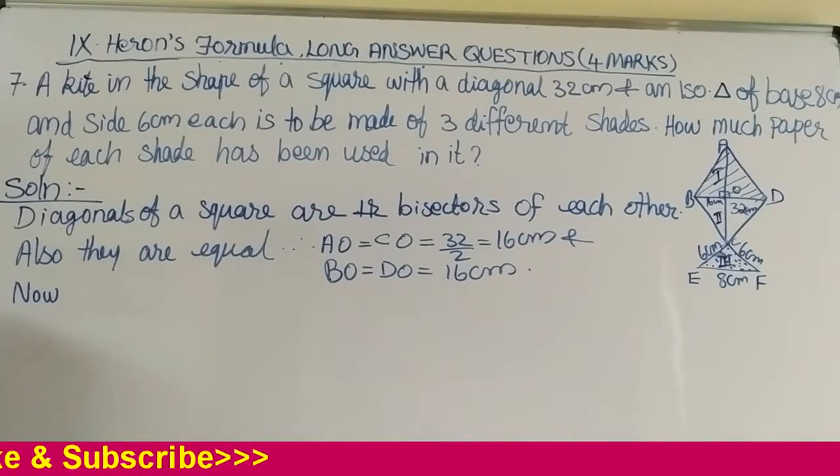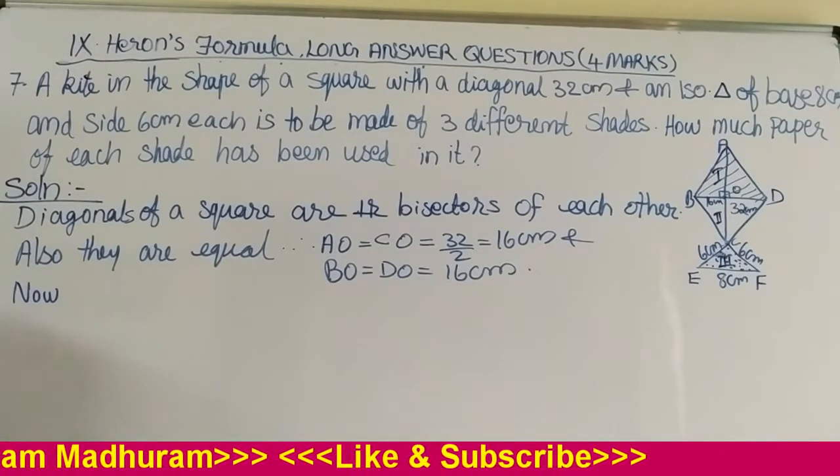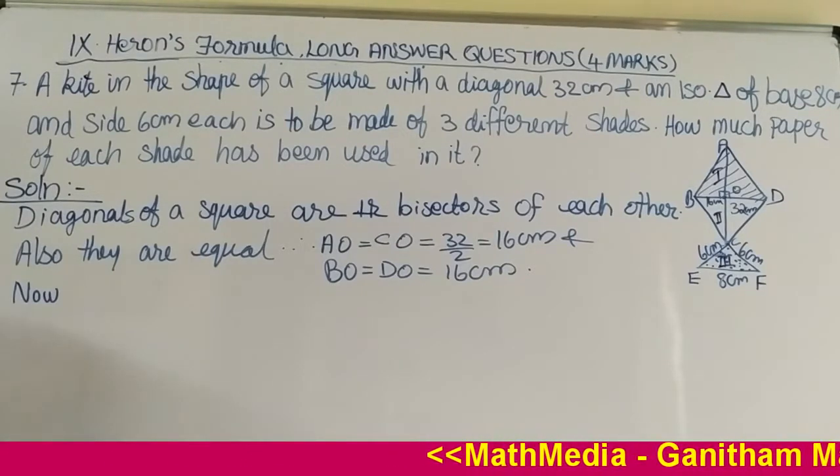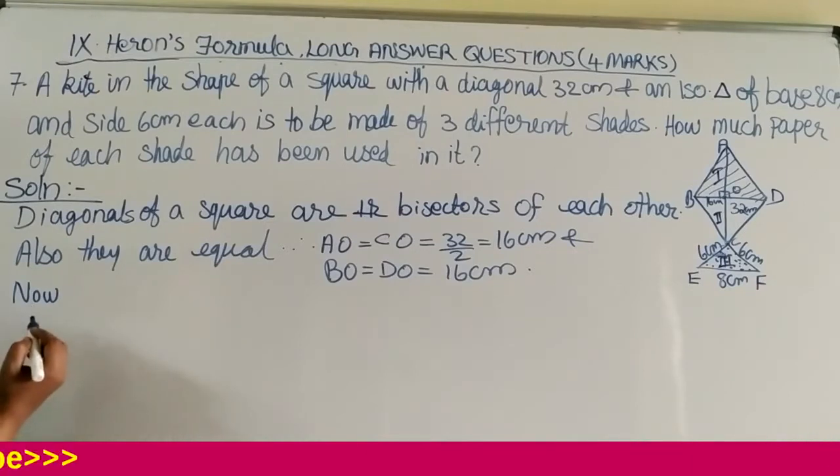Now, the square is divided into two right-angled triangles of equal area.